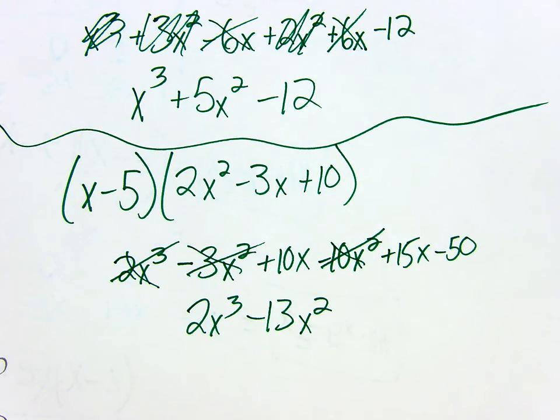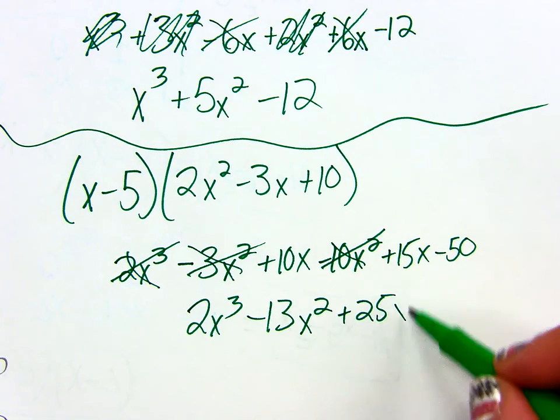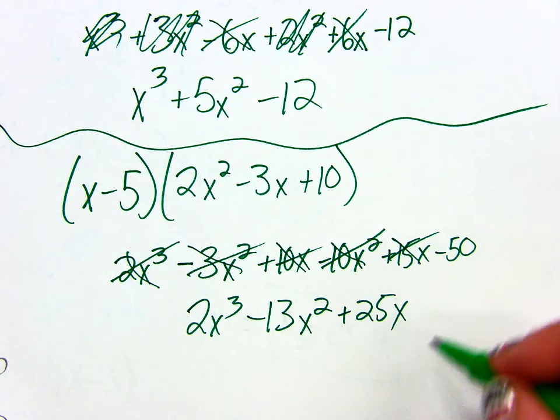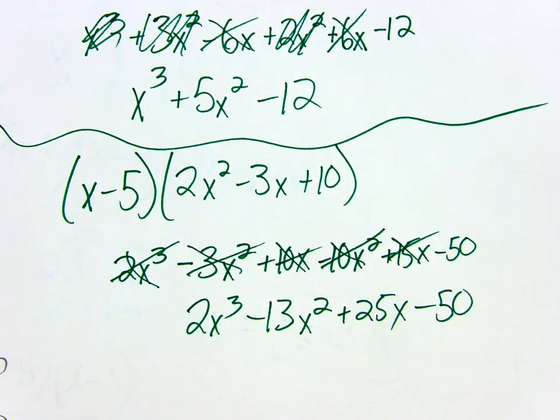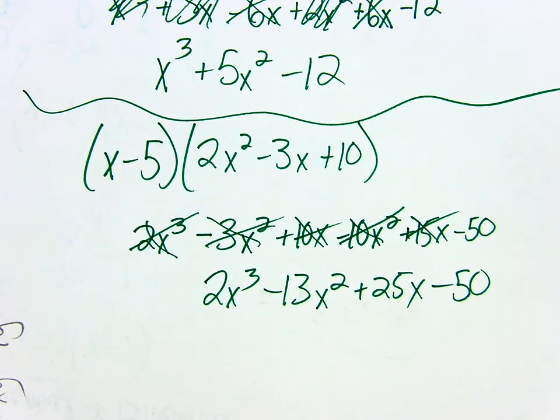Go down to x to the first, that would be 25x. And then minus 50 on the end. Okay, so double check that you got it. Any problems with this? You just gotta go piece by piece. All right.